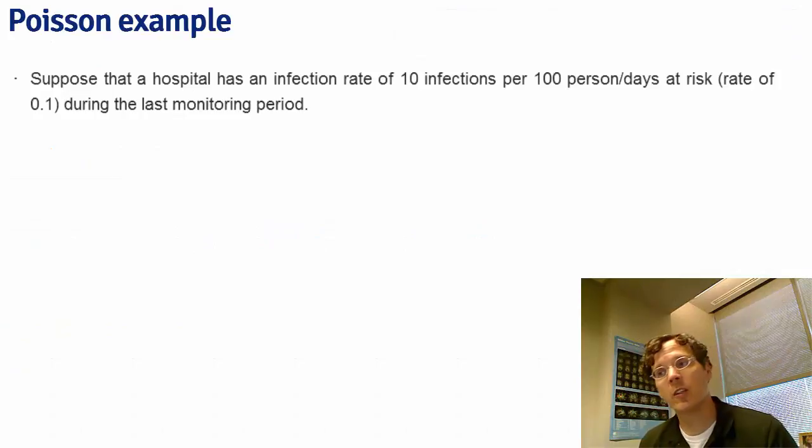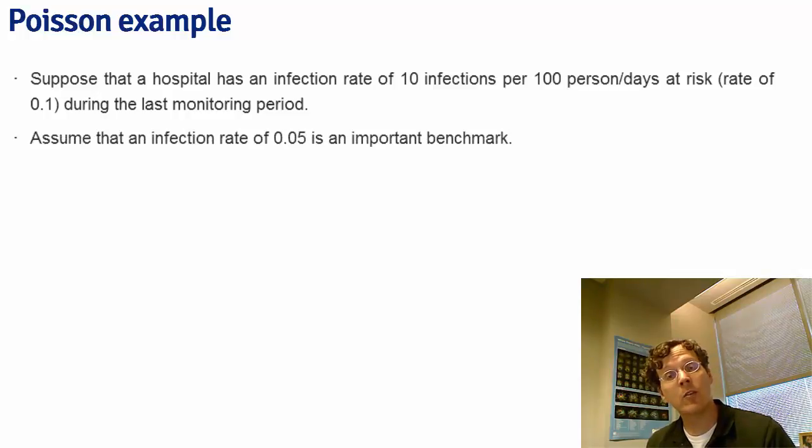Let's go through a Poisson example. So suppose a hospital has an infection rate of 10 infections per 100 person days at risk, for a rate of 0.1 infections per person day at risk during their last monitoring period. And we want to assume that a rate of 0.05 infections per person day at risk is an important benchmark.